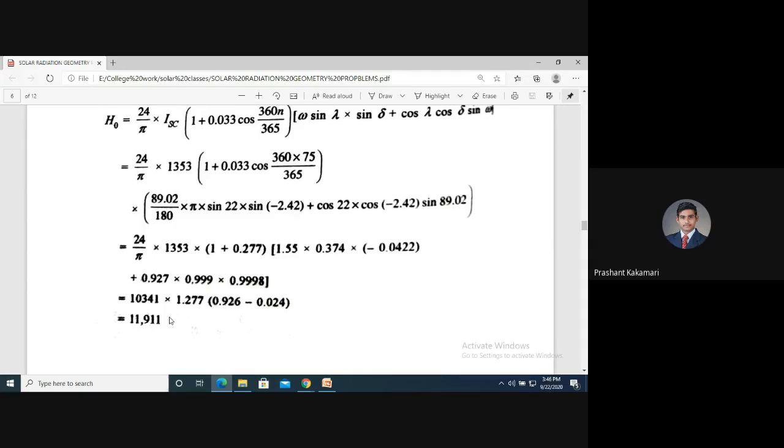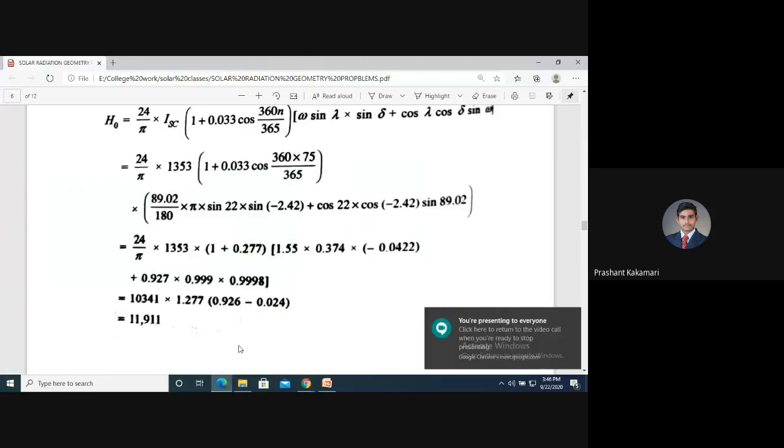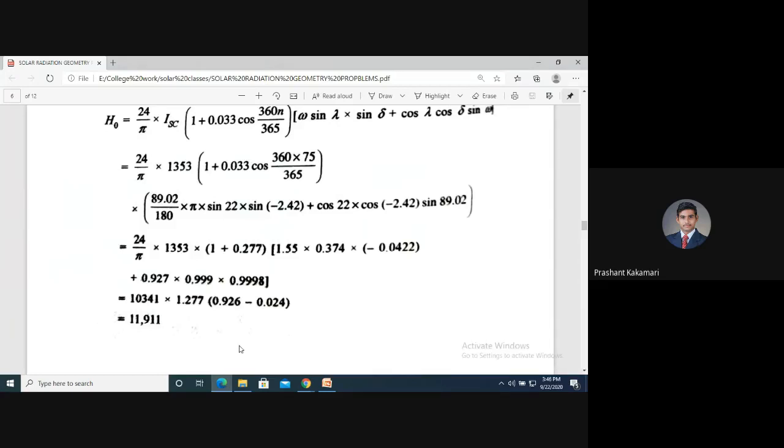Is it kilowatt or watt per meter square day? As the solar constant you have substituted in watt per meter square day, 11,911 will also be in watt per meter square day.